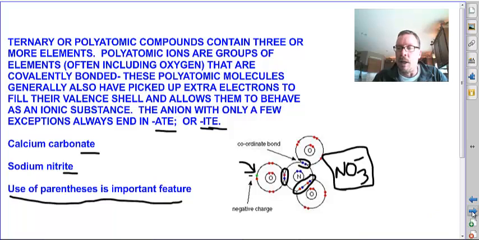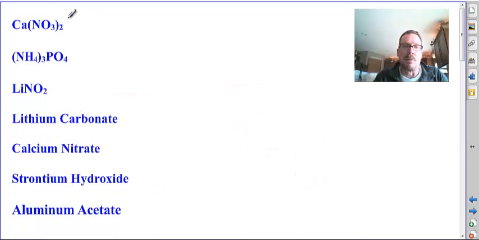All right. So again, as we did in our last video, the best thing is just doing examples. Here are a few that we have already written as formulas.